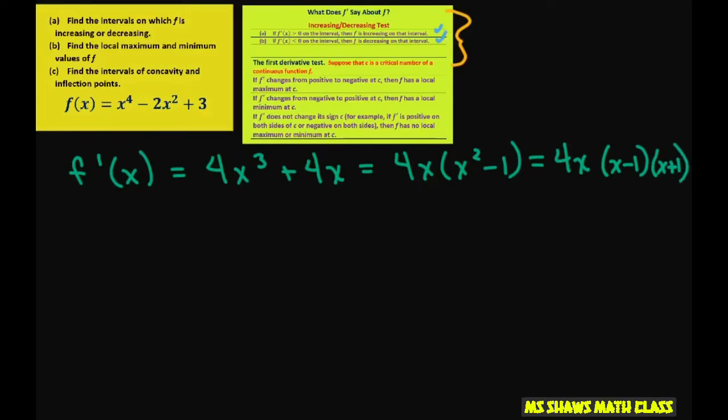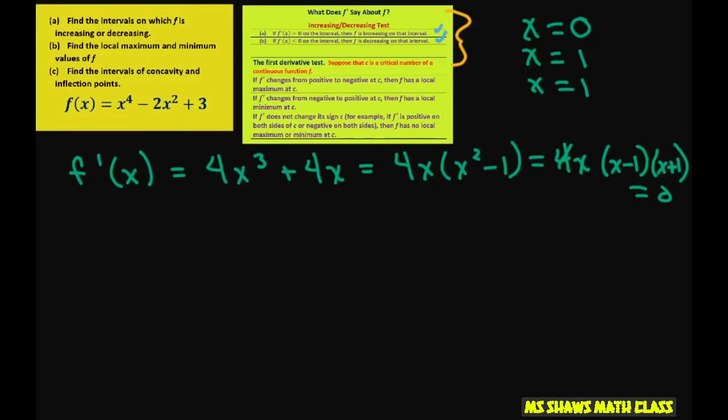If you set this to 0, we don't really need that 4 there, but x equals 0, x equals 1, and x equals negative 1.